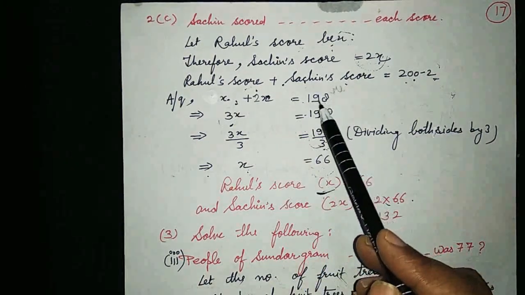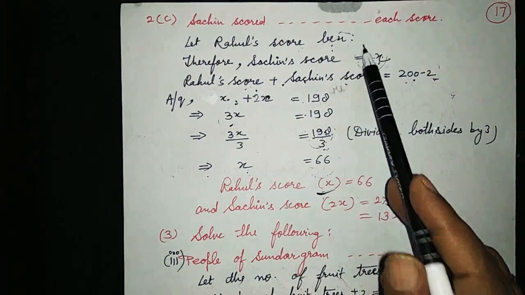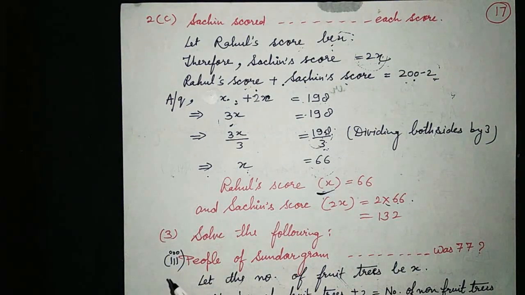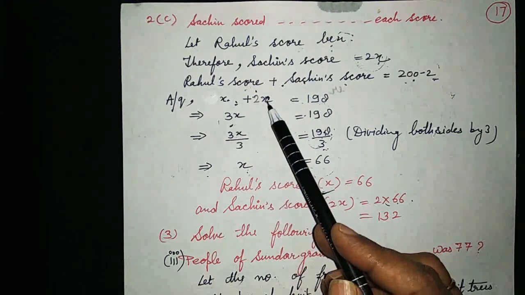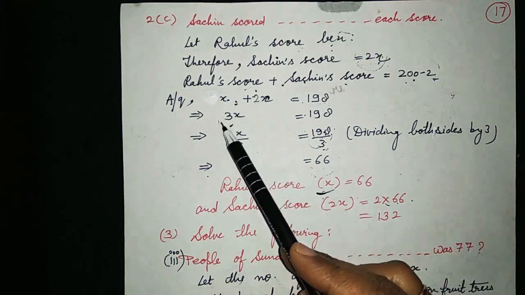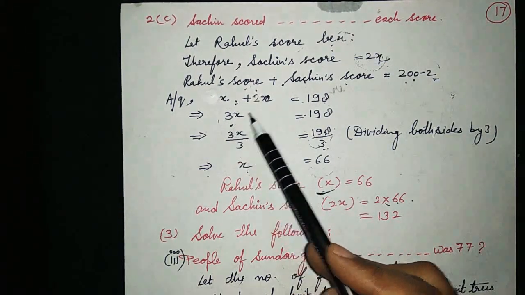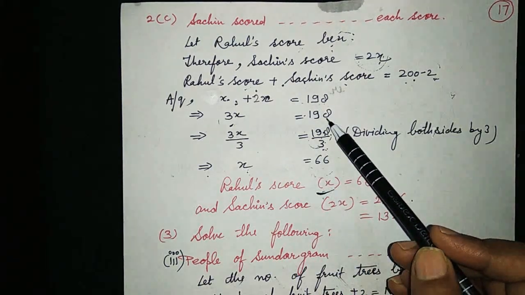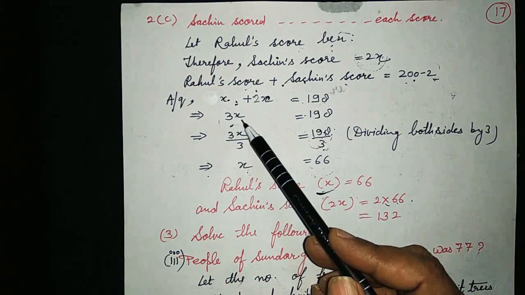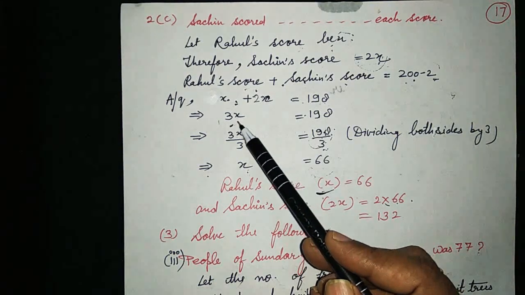Now we have got this equation according to the question. Now x plus 2x, what will come? 3x. And 198 we will write on right hand side. Now we have to separate this unknown variable x.